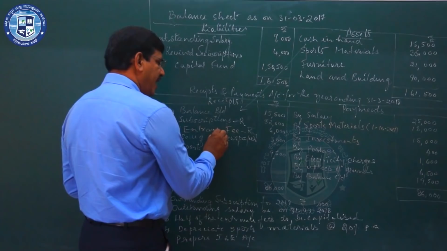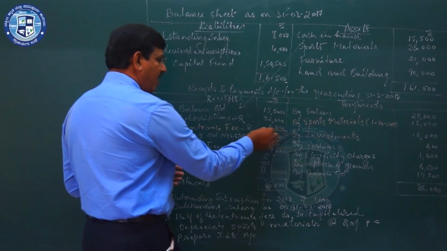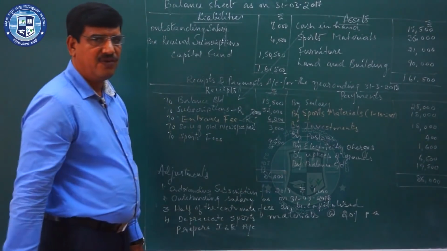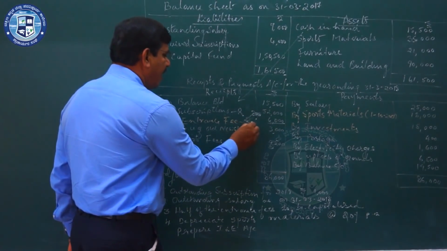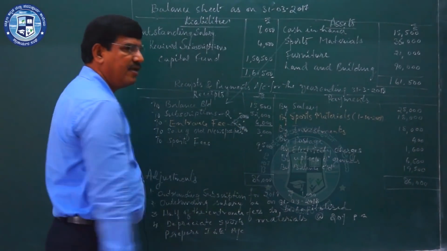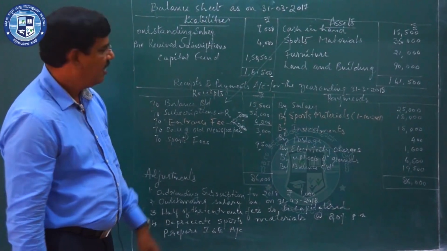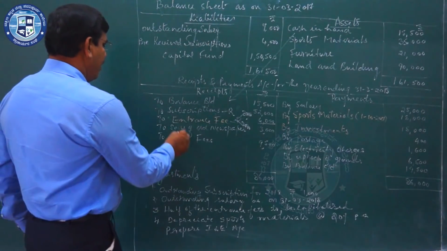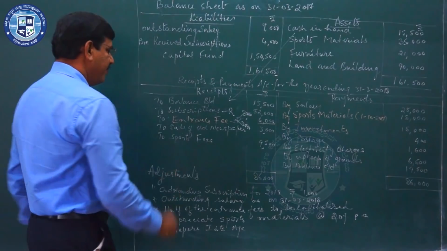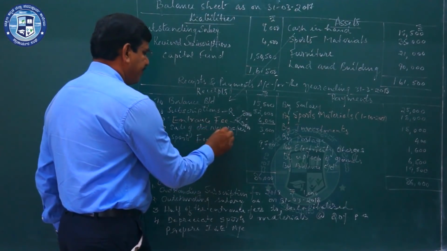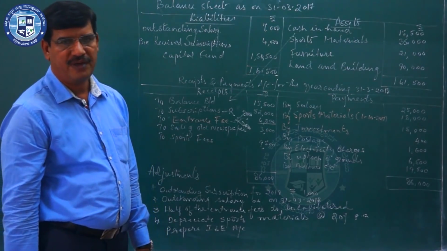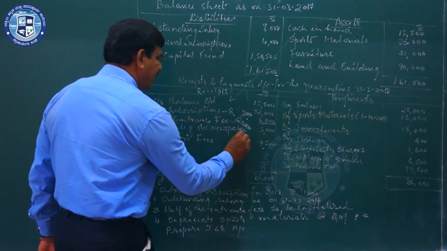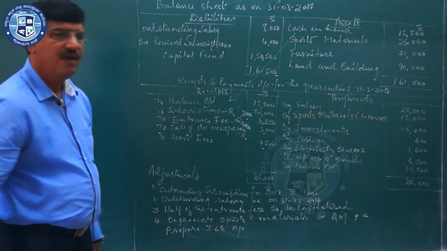So half of the entrance fees, out of 6,000, 3,000 should be a revenue receipt and the other 3,000 should be considered as a capital receipt and must be added to the capital fund. Sale of old newspaper is repetitive, recurring in nature, so it's a revenue receipt.